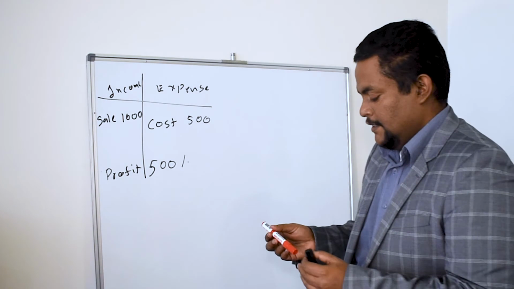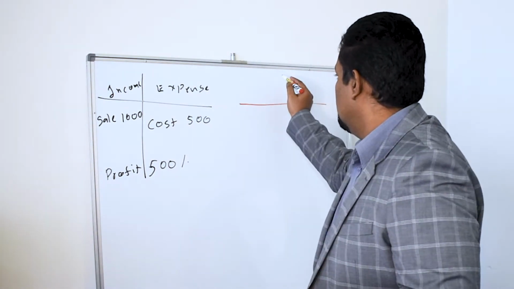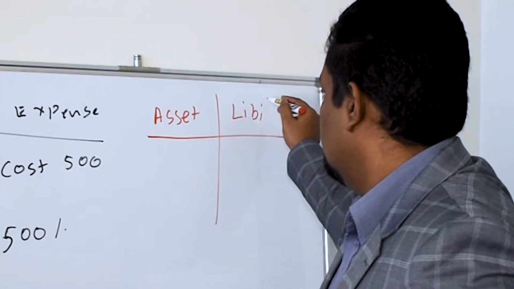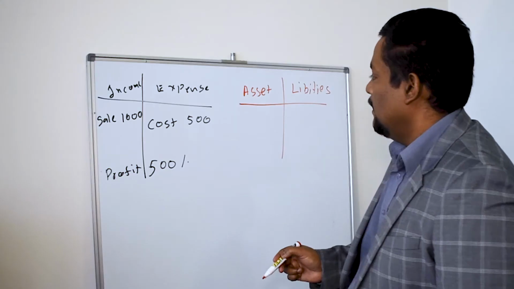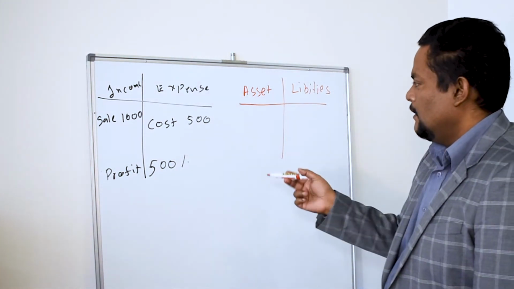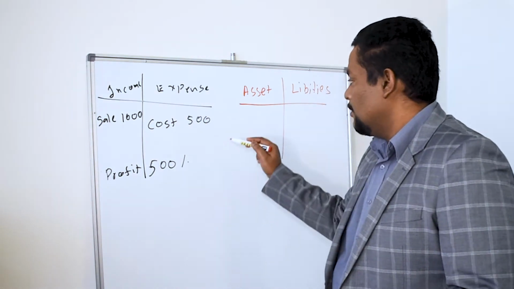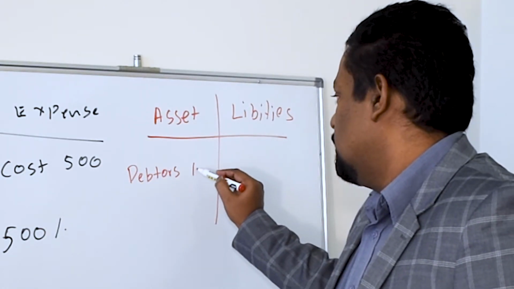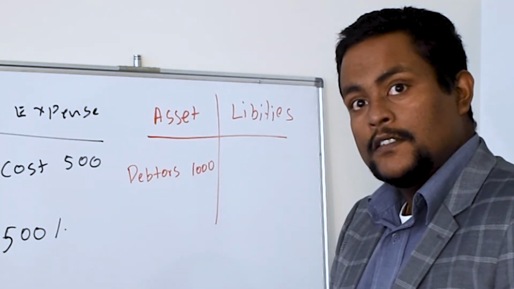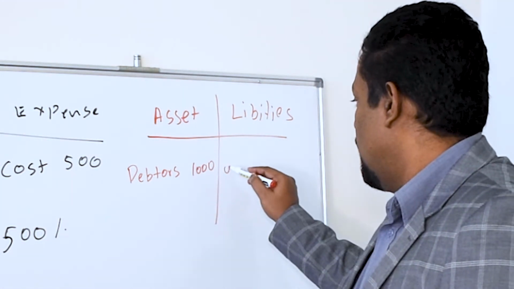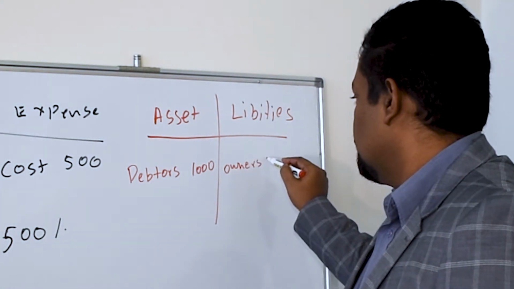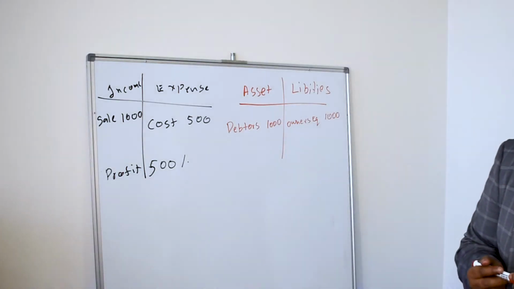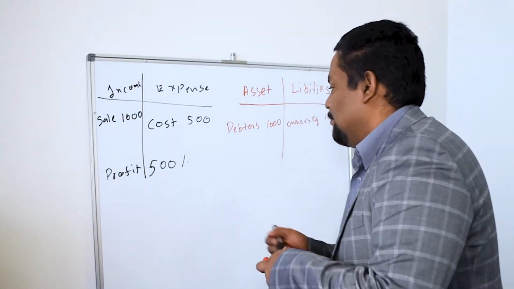And then we get into the assets and liabilities. On the asset side, instead of cash on hand, now we have something called debtors, which is $1,000. And then we have owner's equity, $1,000.